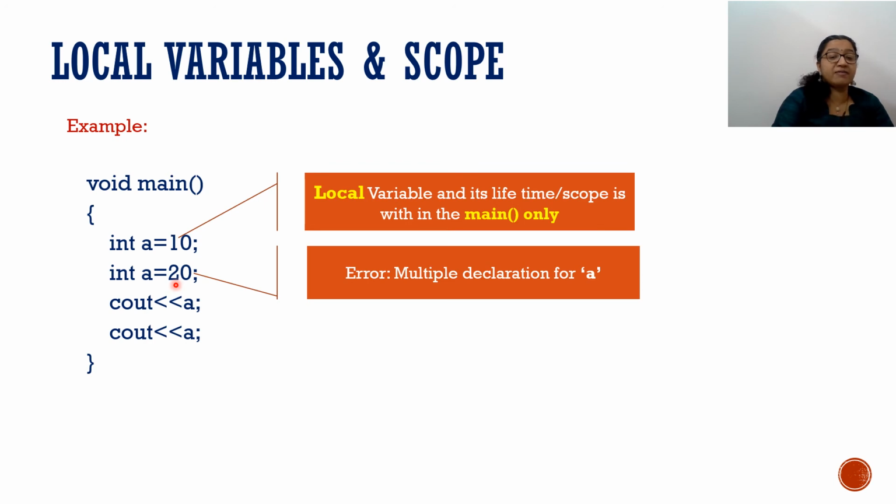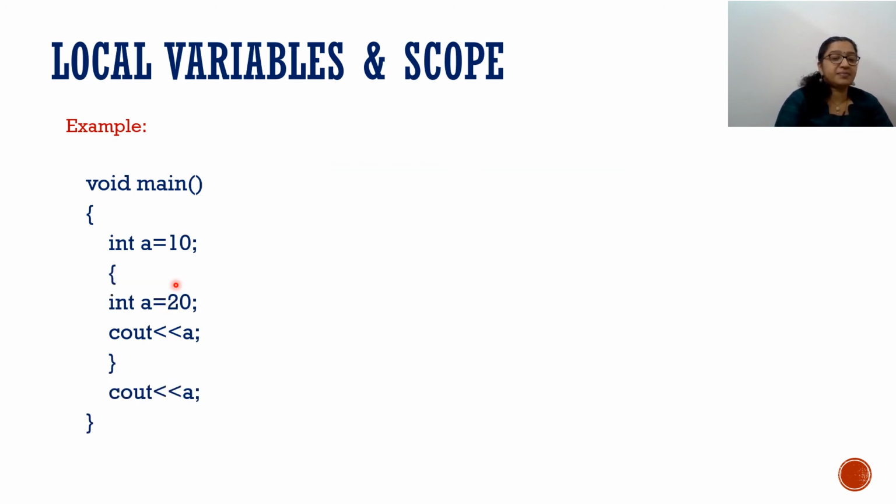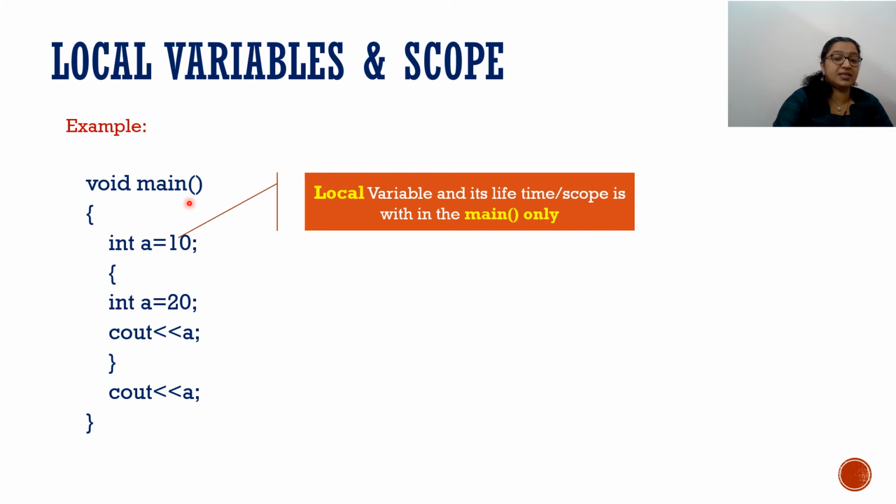But we can rectify this problem. How? Just see this. Int A is equal to 10. Just an open brace and close brace. That means this is a particular block now. So int A is equal to 20. Cout A. So this A is a local variable of main. Is it? Yeah, it's a local variable of main.